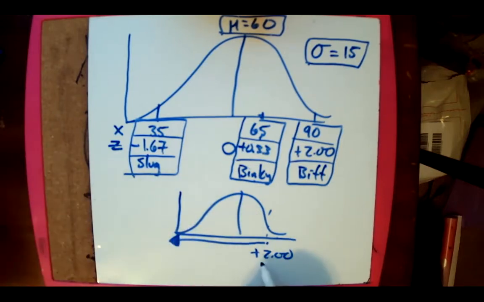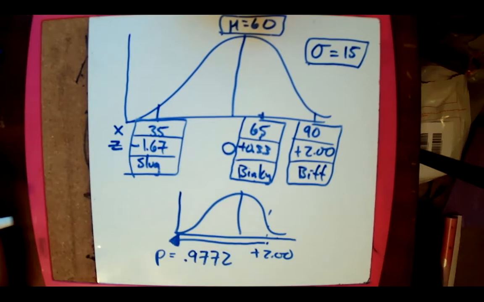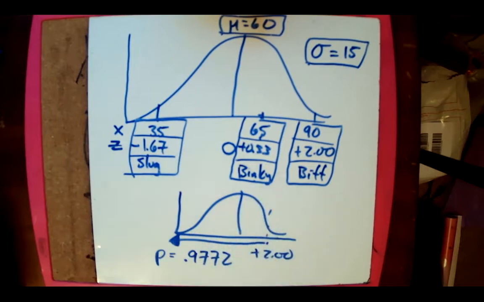So here's the body of the distribution. Well, that makes sense that it's so high. It's 0.9772. That's our proportion, or roughly 98% of the scores. That makes sense because this score is so high. It's way over here on the right, so almost all the scores, like 98% of them, are to the left, right?